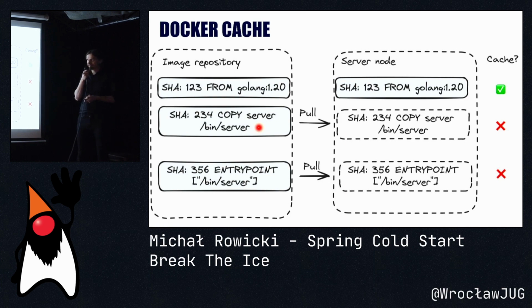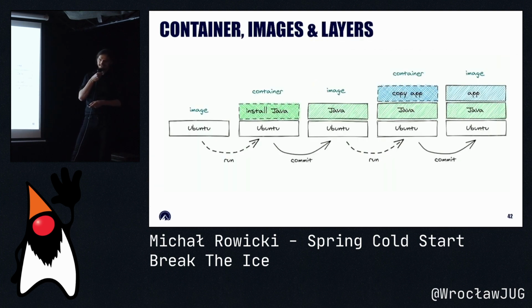So if we can deploy the new version of the application on the very same server node, the upper layers could be taken from the cache if there is an application running on this node. And that's what was introduced like 4 years ago with Spring Boot 2.3.0. They added an option for layering the JVM, not for Golang.